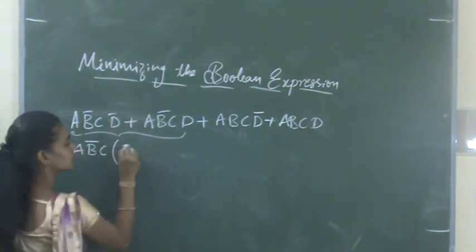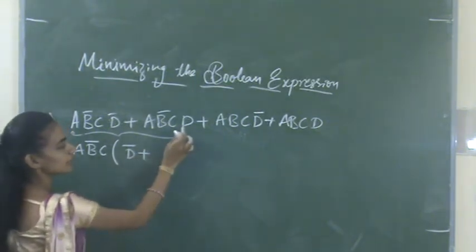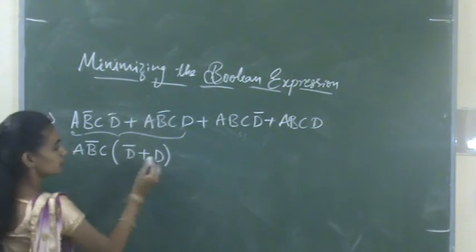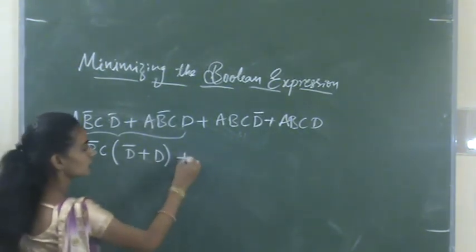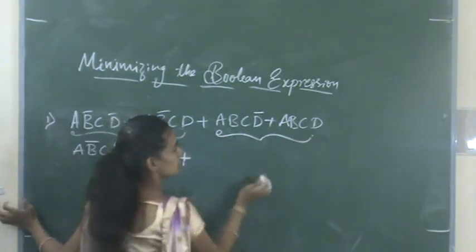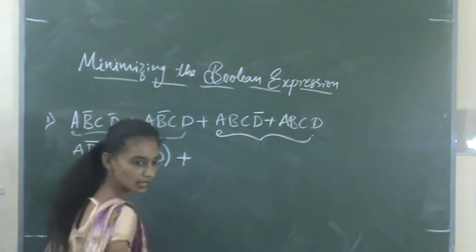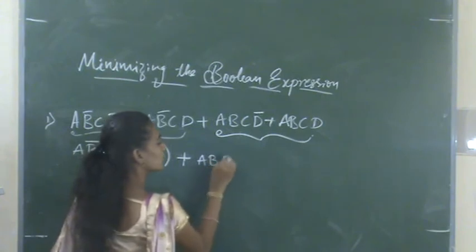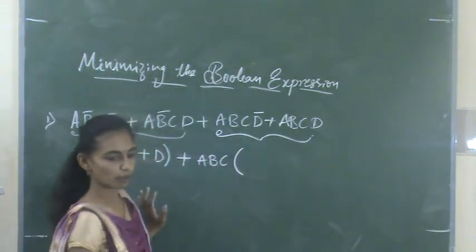D bar, right? Plus, what is the remaining thing in this term? D, right? Plus, in these two terms, A B C is a common factor. See, A B C is present. Now I am taking A B C as a common factor.